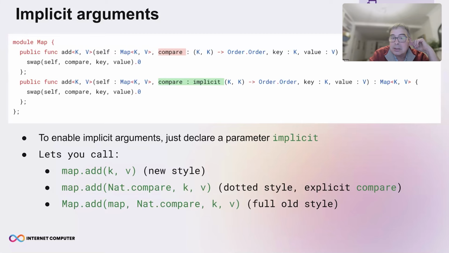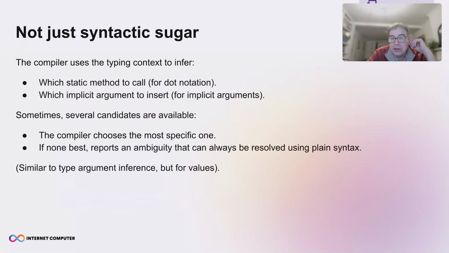Next slide, please. So this looks like it's just syntactic sugar, but it's not actually, because the compiler needs to use a typing context to infer for dot notation which static method you want to call in which library. So it's filling in the library that you want to call. And for implicit arguments, it has to figure out which argument to fill in for the value. It again does this using a type-based resolution process. Now, sometimes there might be several ways to resolve these syntactic features, and in general the compiler will choose the most specific one that makes sense.